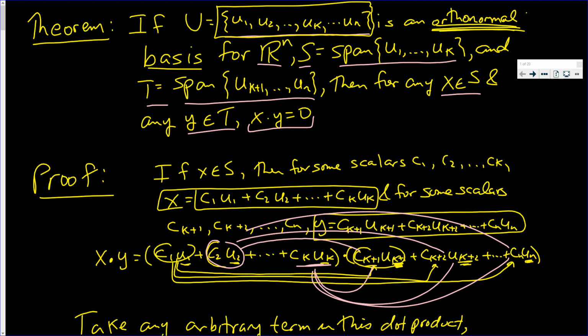That means that any two dot products of different vectors in U give you 0.